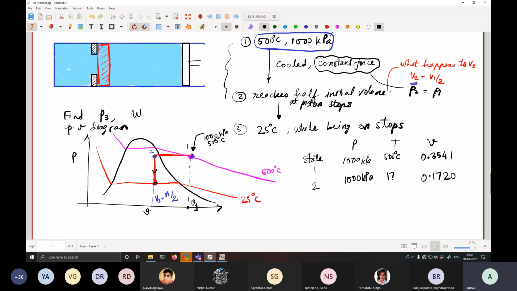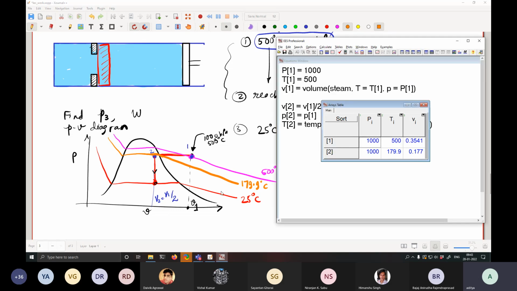So if I were to draw an isotherm which passes through 2, this isotherm will have a temperature of 179.9 degrees Celsius.